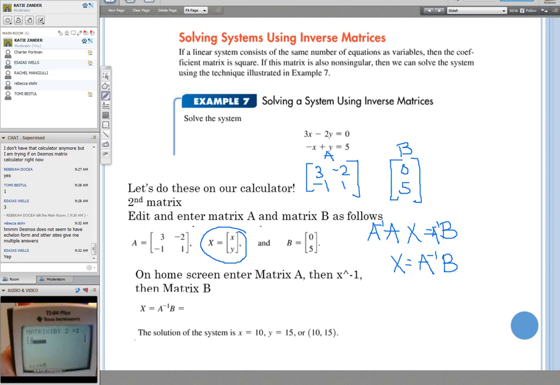Okay, I'm going to give you a moment to go ahead and edit those matrices in your calculator. When you have matrix A and B edited in the calculator, go ahead, give me the green check.